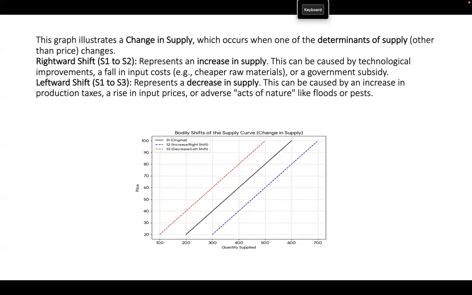Now, when you talk about change in supply, you are talking about all other factors. When price is fixed, then the price is constant. Okay. Right. Thank you, sir.